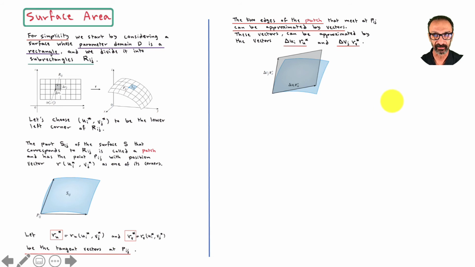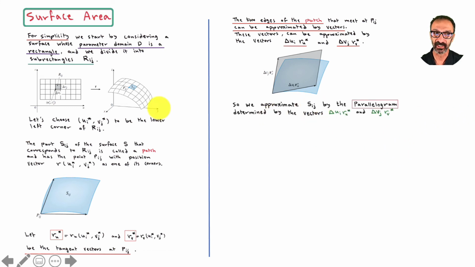It's part of the tangent plane to the surface, the blue graph. We have a tangent plane in gray, and that portion will be covering the patch below it, because we are taking not r sub u star, we're taking r sub u star times delta u. So we approximate S sub ij by the parallelogram determined by the vectors, as a cross product, if you remember from earlier videos in this playlist.